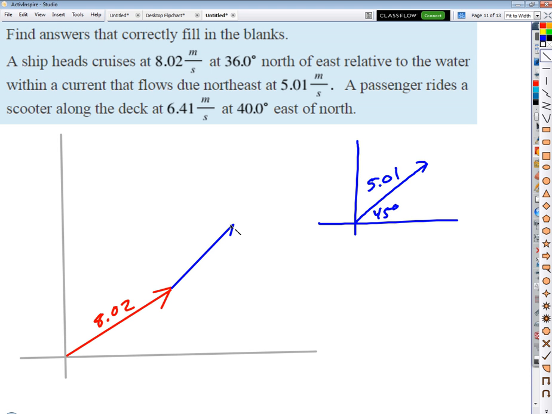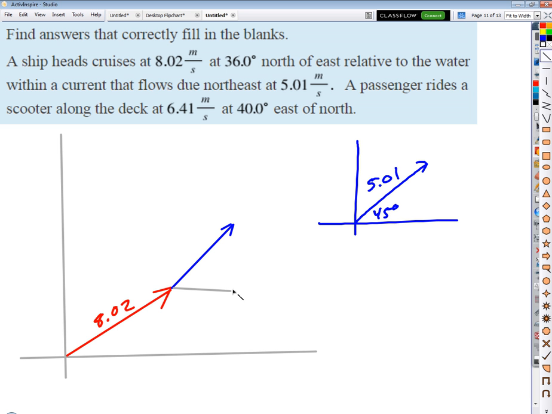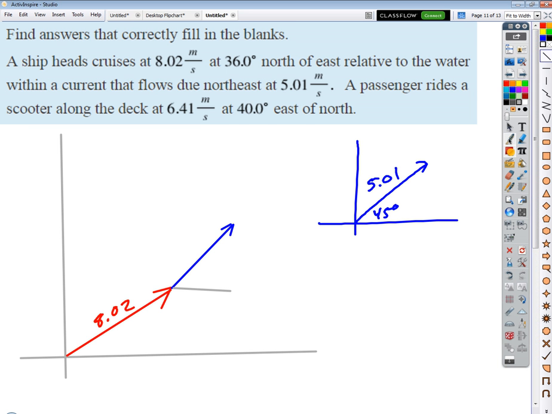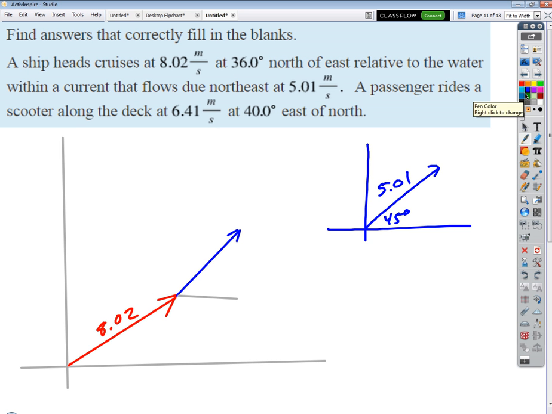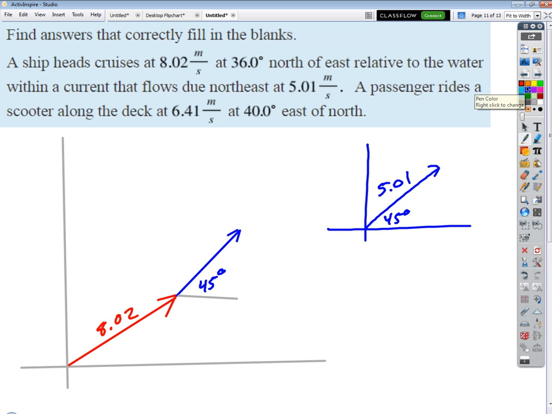And then I'd almost have to maybe do that. So that's my 45-degree angle. Does that make sense? And I guess I forgot to put this other angle. This is 36.